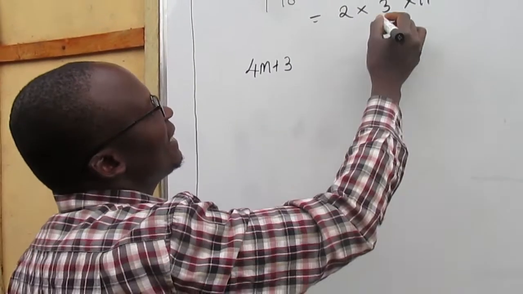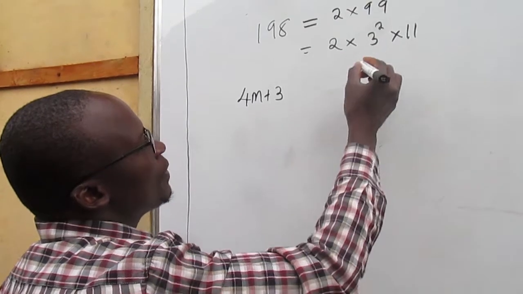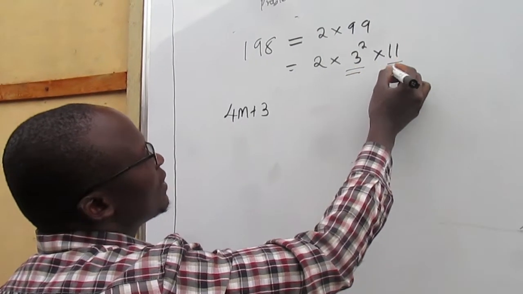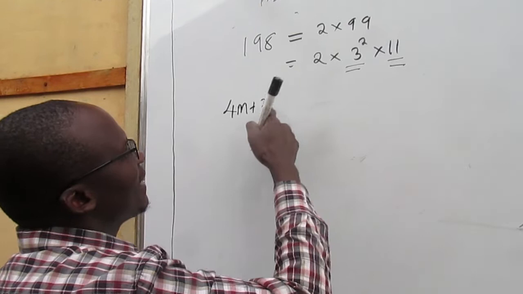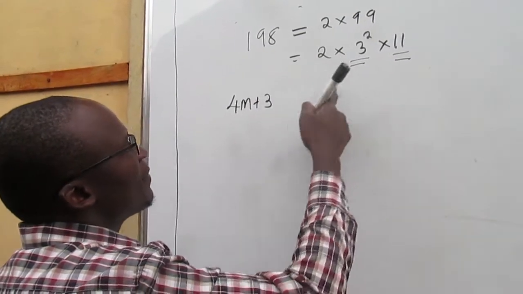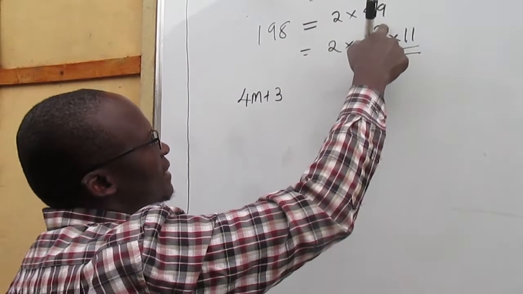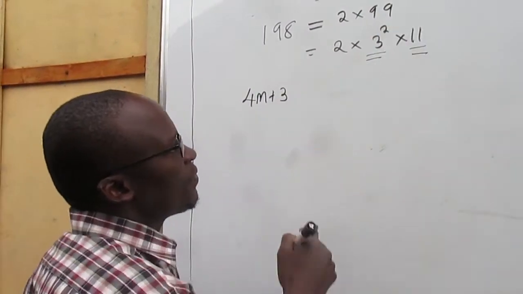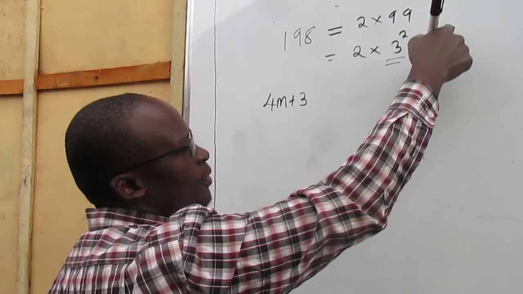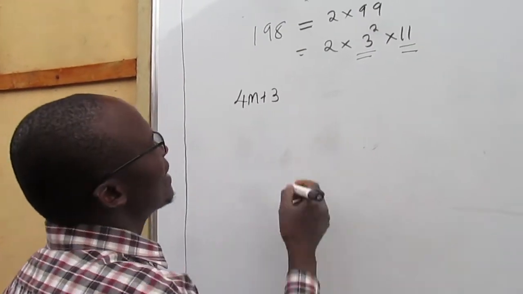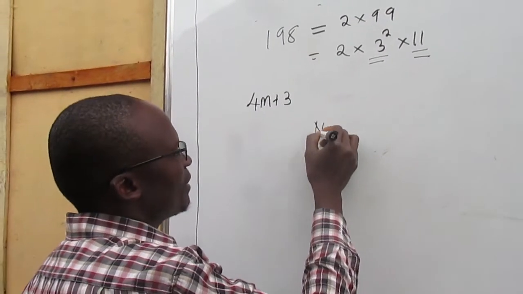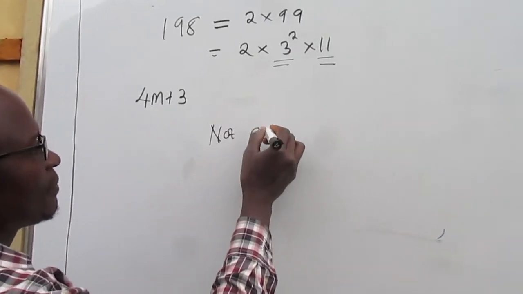As you can see, the only two prime factors we are going to look at are 3 and 11, because 3 leaves a remainder of 3 when divided by 4, and so does 11. And so 3 occurs to a power of 2, 11 occurs to a power of 1, so 11 does not occur to an even power, and so this number is not expressible as a sum of squares.